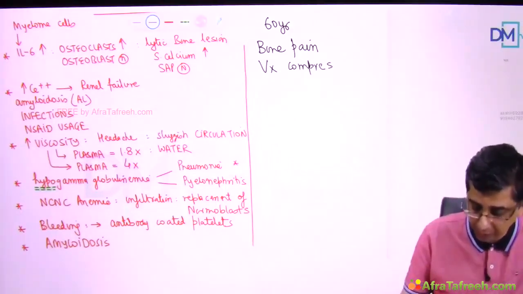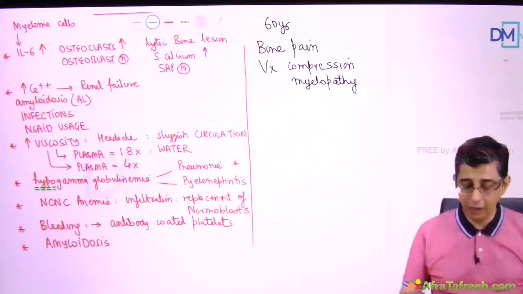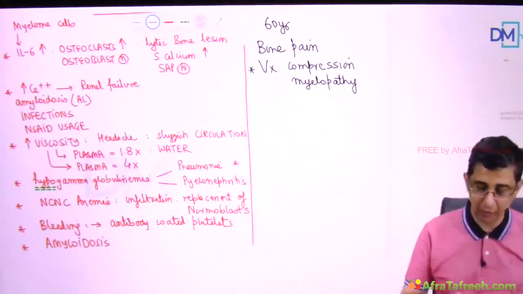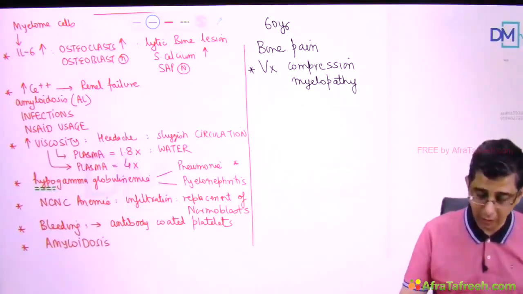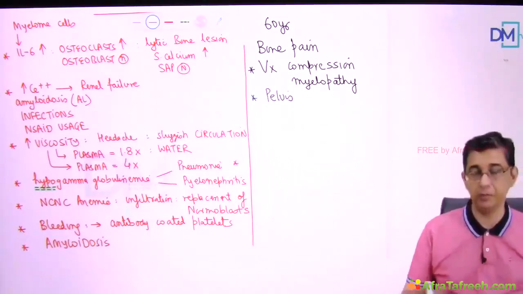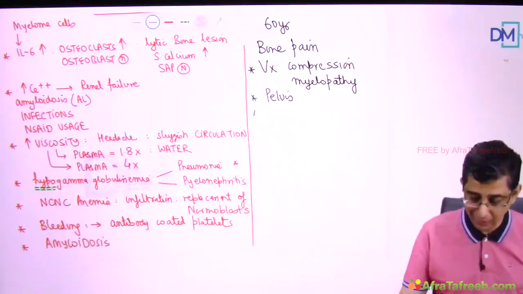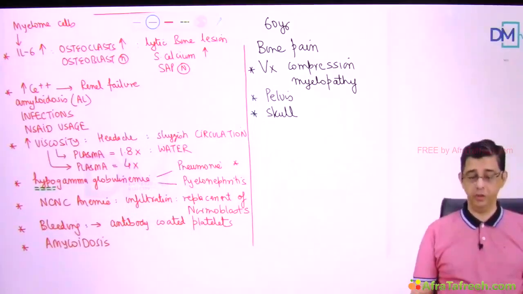This will require hospitalization because this old man has developed a fracture of his spine, due to which there is a sudden onset paraplegia, and bladder and bowel incontinence might develop, especially if the lumbosacral nerve roots are involved. Obviously he was earlier suffering from bone pain in the pelvis and was taking painkillers for it. The skull, guys, is the last to be involved; it is the vertebra which is the first to be involved in the patient.